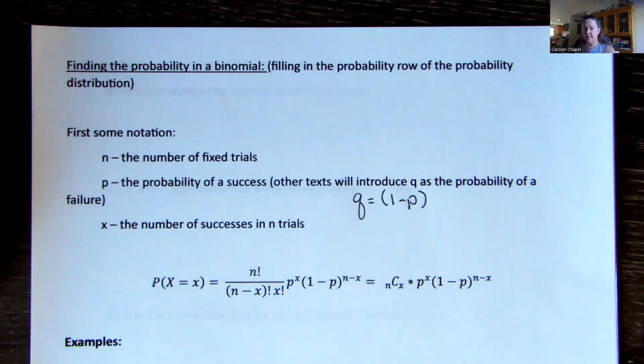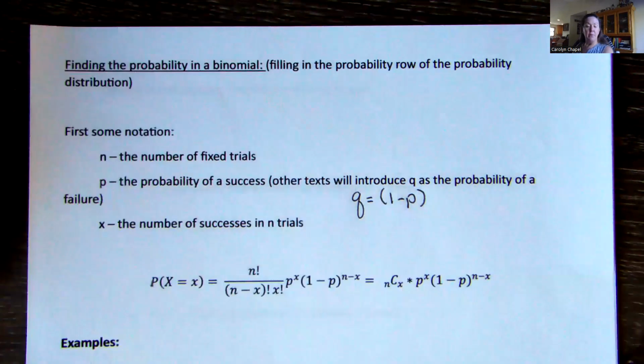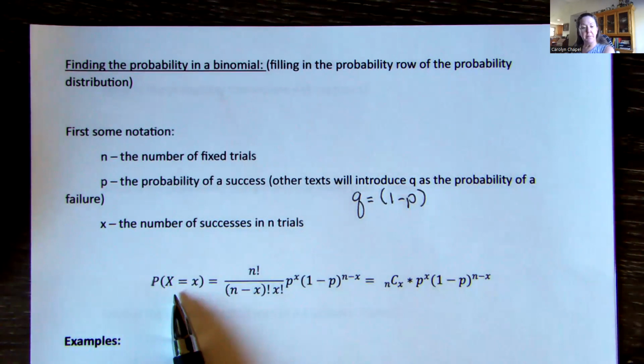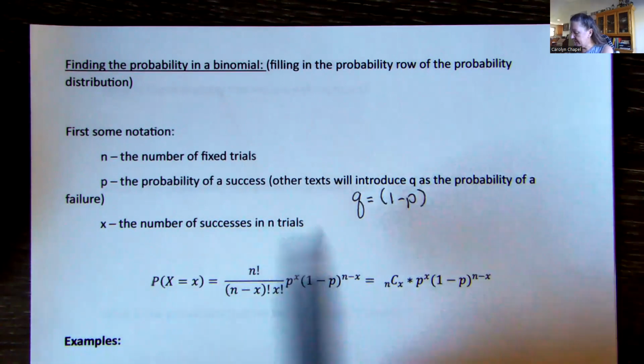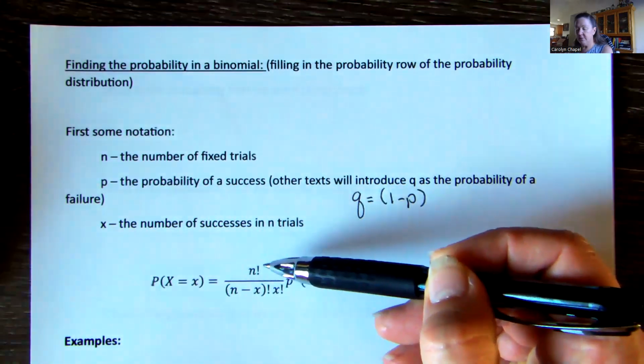Now, to calculate this probability, we will go through this a couple of times by hand, and then I will also show you how to use technology to help us save some time. So again, the probability that our random variable is equal to some value is equal to n, where n is the number of trials we have, factorial.